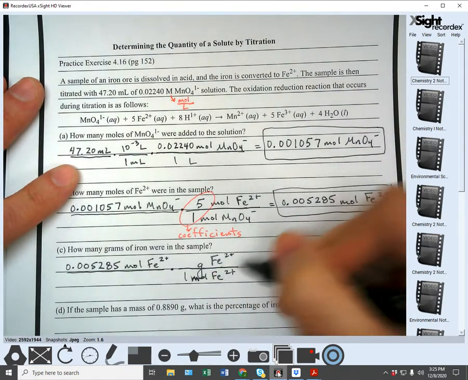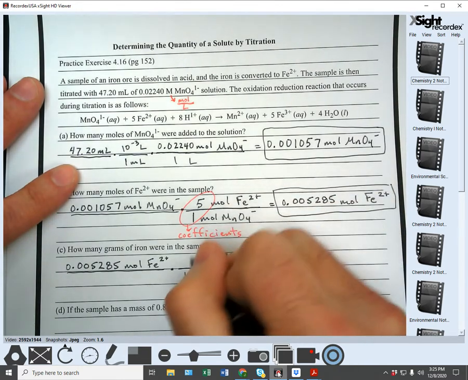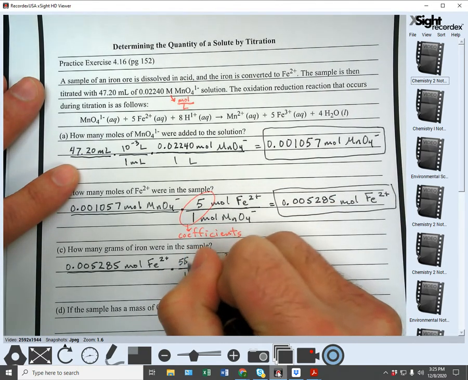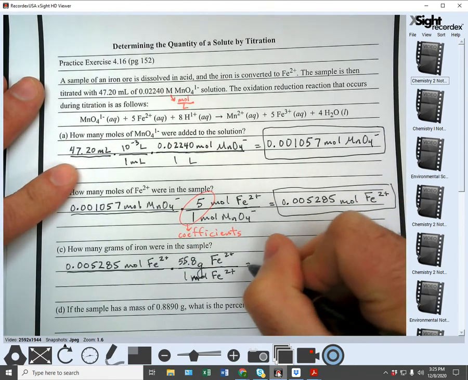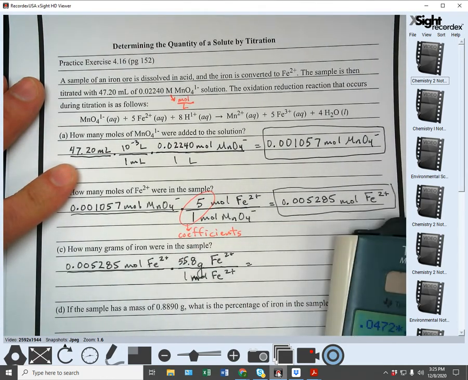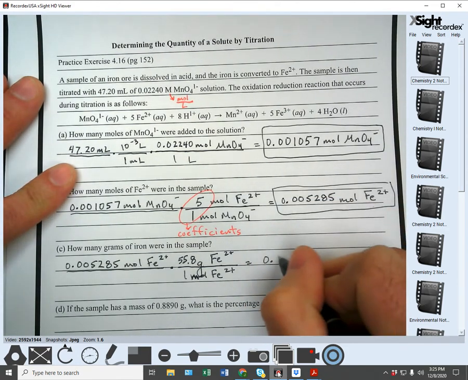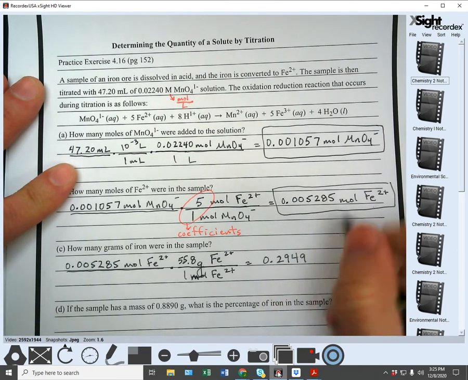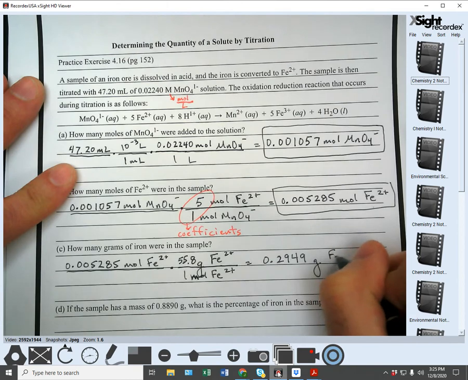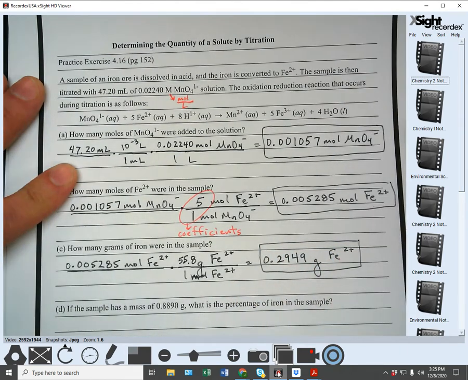That makes you feel better. Fe iron is 55.8. Okay, and we get 0.2949 grams.